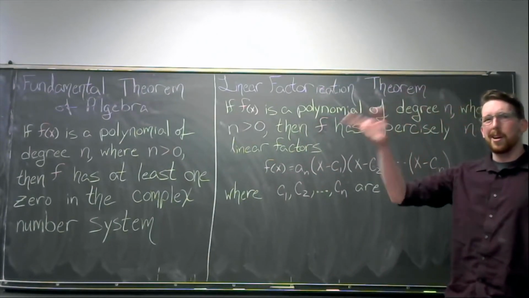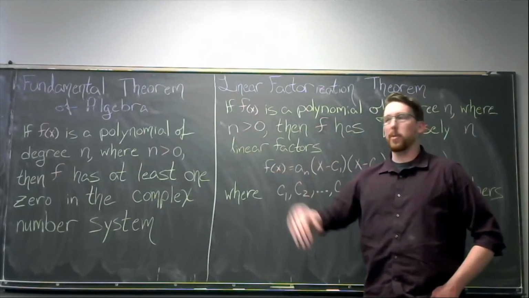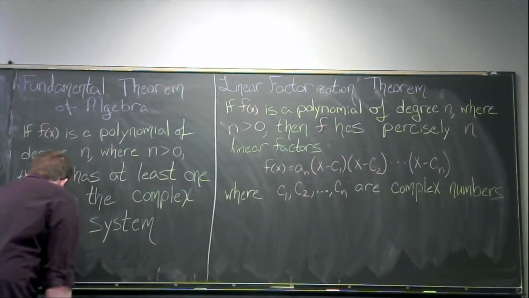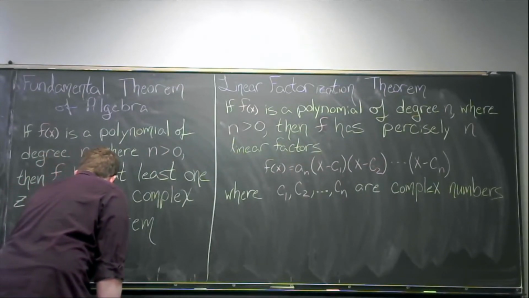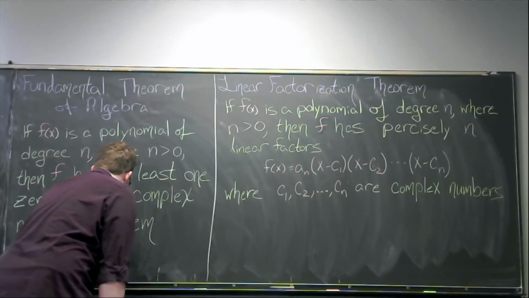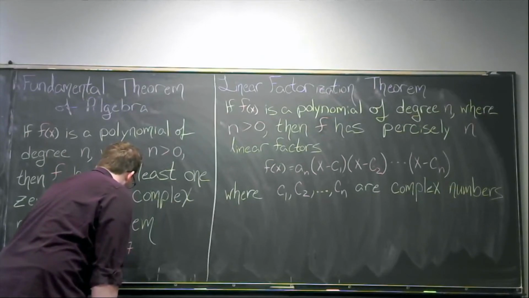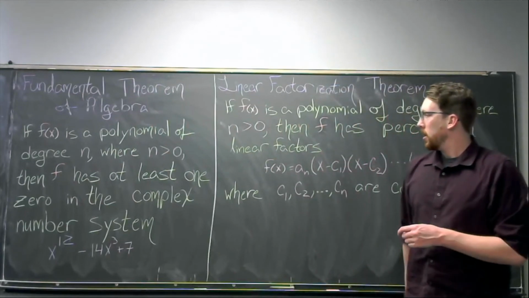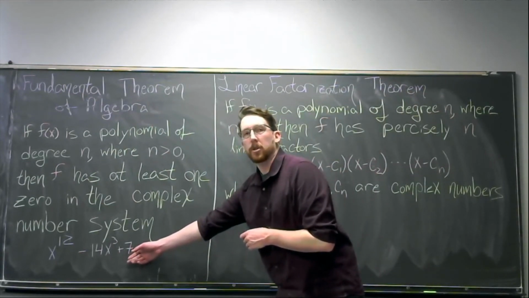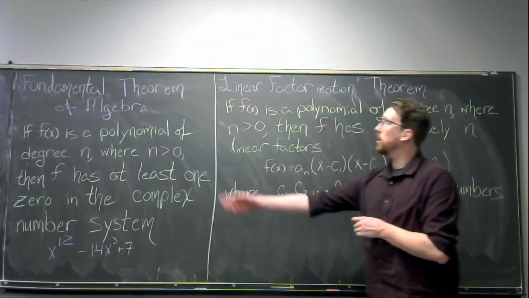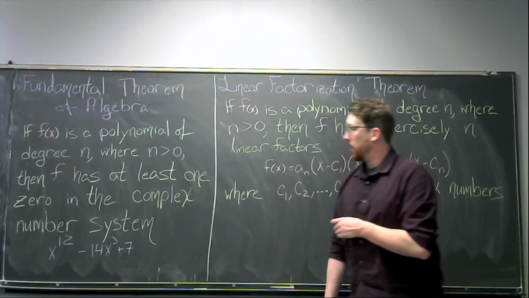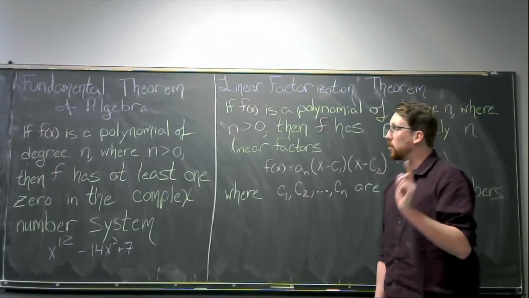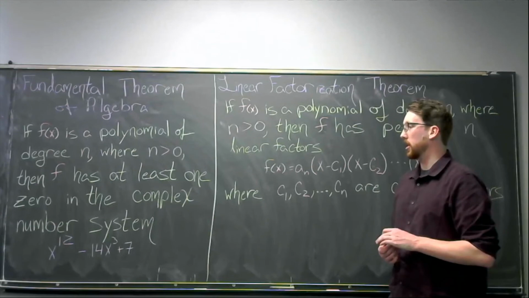Well, that means, say you've got this crazy polynomial. Maybe it looks something like x to the 12th minus 14x cubed plus 7. Let's say this is your function. All this fundamental theorem tells us is you have at least one 0 in the complex number system.